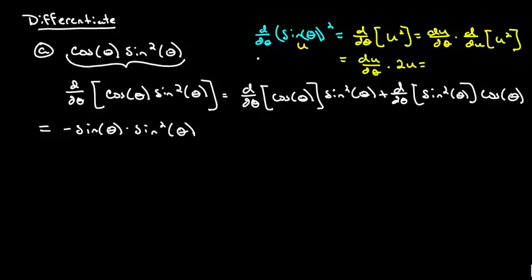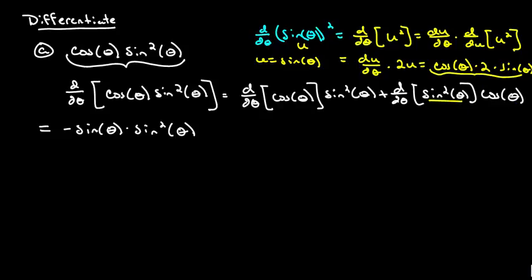Well, if u is equal to sine theta, then the derivative of this with respect to theta is equal to cosine theta. So this is going to be cosine theta times 2 times, now u is sine theta. So this piece right here is this piece right here.